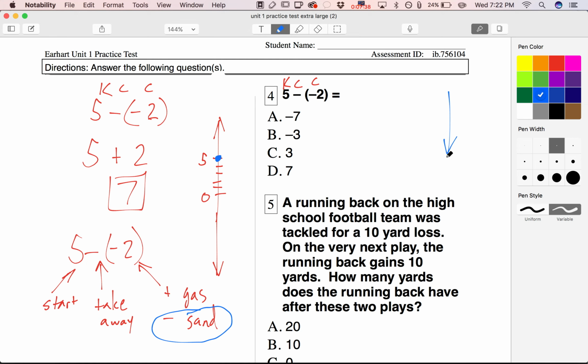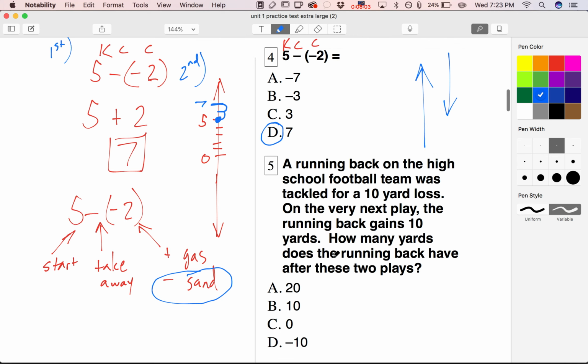So if you are taking away the thing that's making you go down, you are definitely going to have to change directions and go up because you are taking away that weight. So you are going to go up how much? 1, 2, which gives you 7 as your answer, positive 7. So I gave you 2 ways to do this. First way, and then second, which is more conceptual, talking about the hot air balloon performance test that we did.